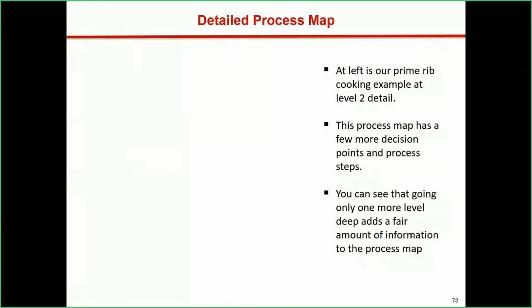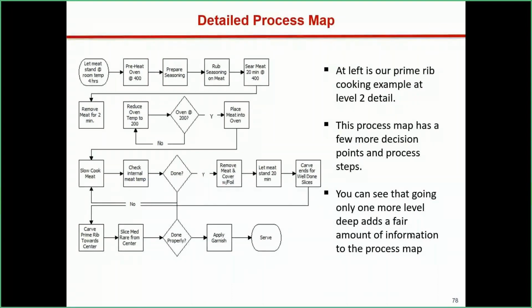Let's take an example. At the left is our prime rib cooking example at level 2 detail. This process map has a few more decision points and process steps. You can see that going only one more level deep adds a fair amount of information to the process map. We are looking at the same process of preparing a 10-pound prime rib, but we have added one more level.